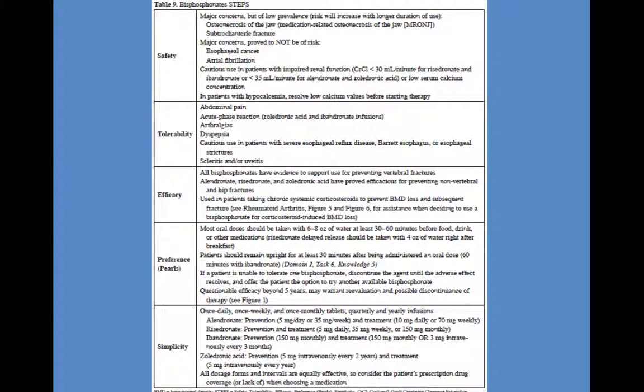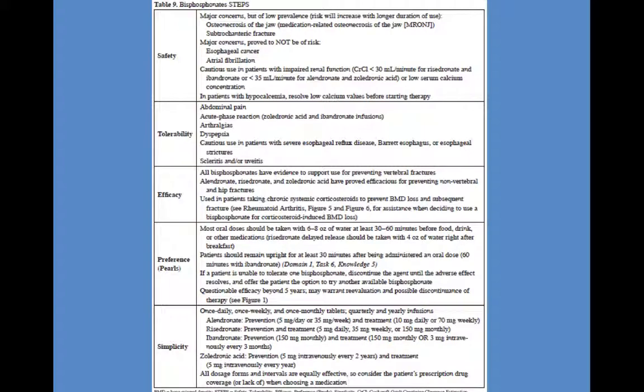So these are the major steps, or safety, tolerability, efficacy, preference, and simplicity for bisphosphonates. It's a very good overview. It even splits out some of the medications for different dosages. You'll see in simplicity at the bottom it says they're available once daily, once weekly, once monthly tablets, and then quarterly and yearly infusions.